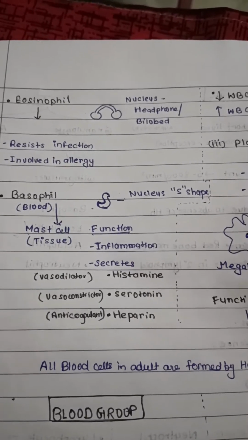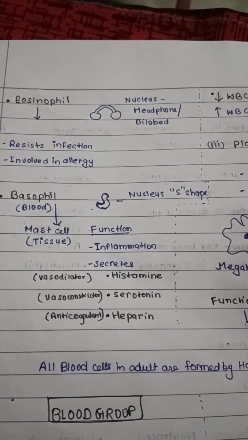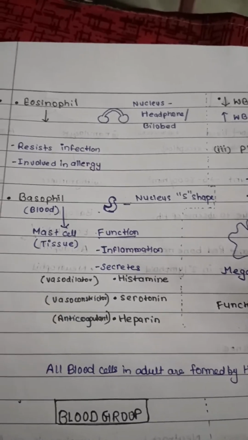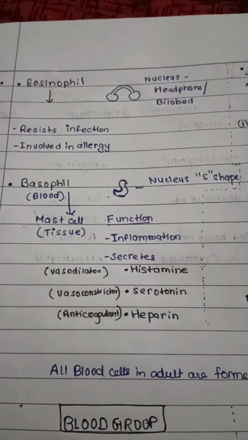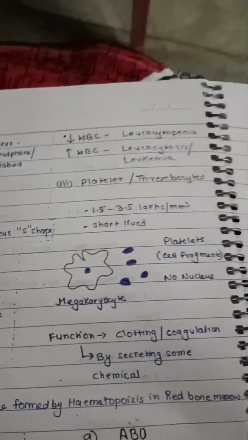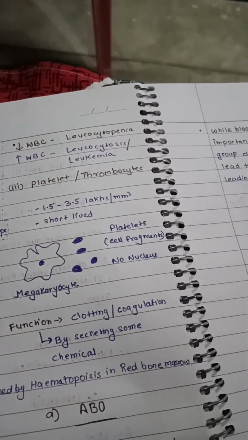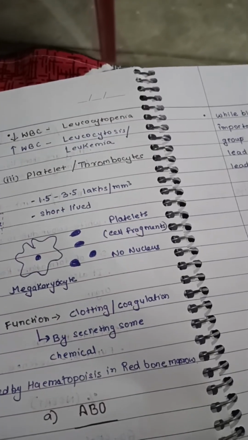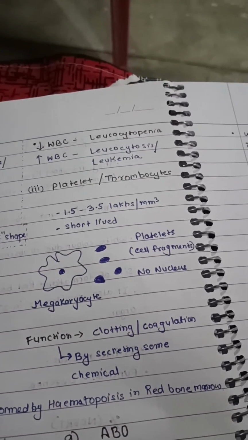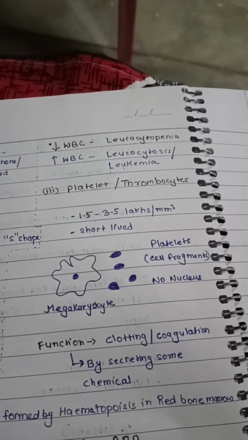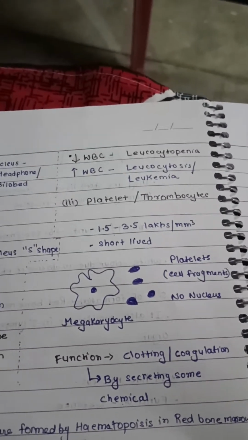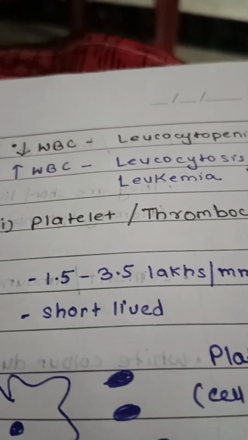It secretes histamine, serotonin, heparin. Histamine is a vasodilator. Serotonin is a vasoconstrictor, and heparin is an anticoagulant. When WBC decreases in number, it is known as leukocytopenia.